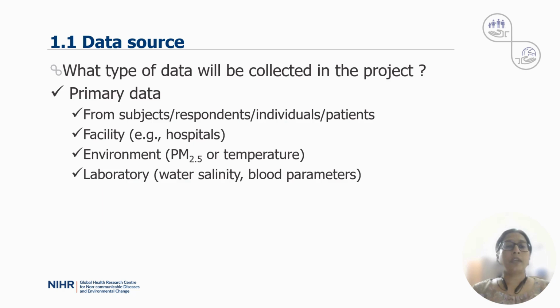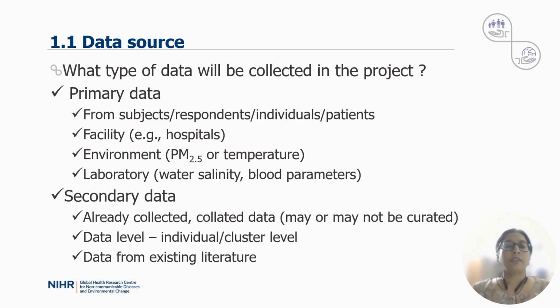Many times the data can be secondary data, which means they are already collected data and they're also organized. However, it is possible that they may not be ready for analysis, and so you might need some curation. Whenever you have secondary data at hand, it's important to know at what level of aggregation you are looking.